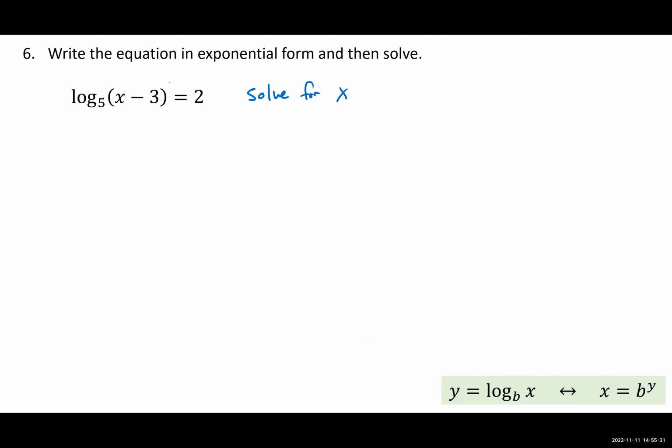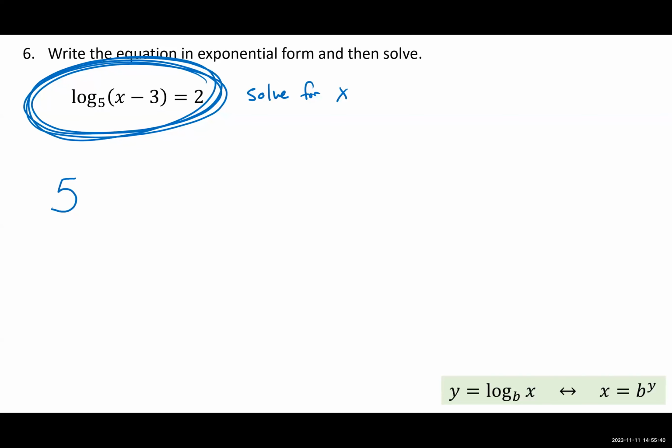Well, what does this mean? It means when the base is 5 and the exponent is 2, remember, the exponent is always on the other side of the equal sign, you get x minus 3.